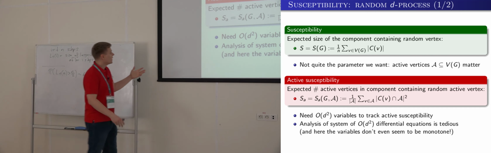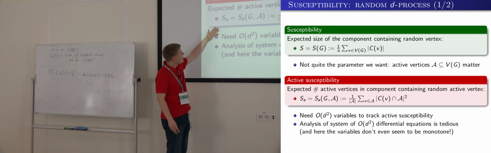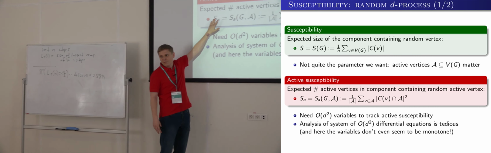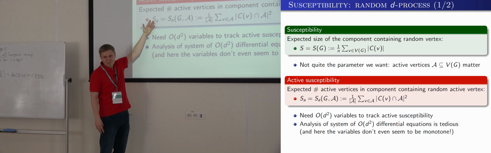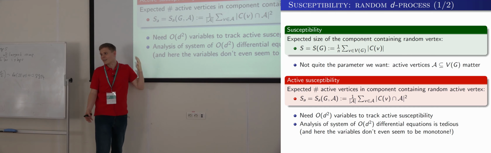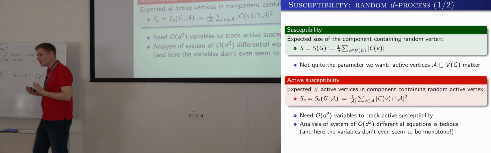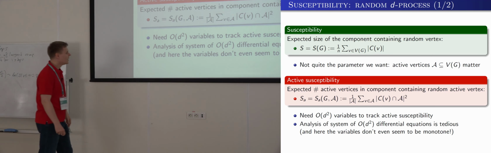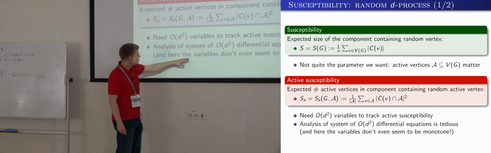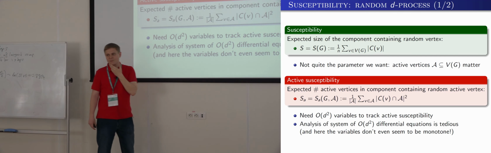You can use that to track these variables, and the method tells you that you can predict their behavior using differential equations. But now we're left with the question: when does this thing blow up? When does it get infinite? At least for me, it's not so easy to analyze a large system of order d squared many differential equations. Part of the difficulty is that some of the variables that you track turn out to be not monotone.